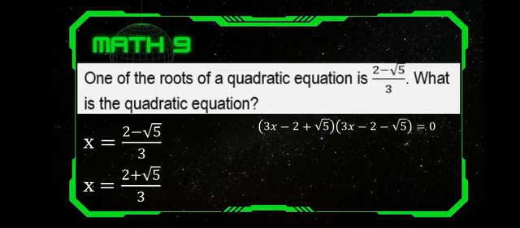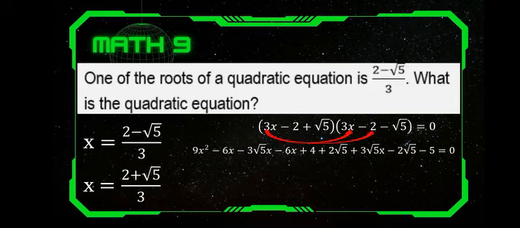Okay, equate to 0. Equate all the roots to 0, then multiply both sides by 3 to obtain 3x minus 2 plus square root of 5 is equal to 0 for the first root. The second root is 3x minus 2 minus square root of 5 is equal to 0.